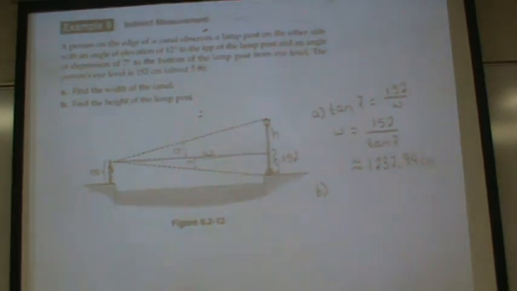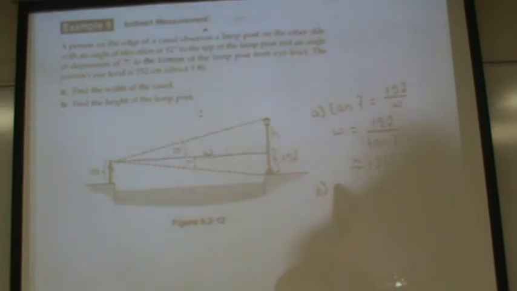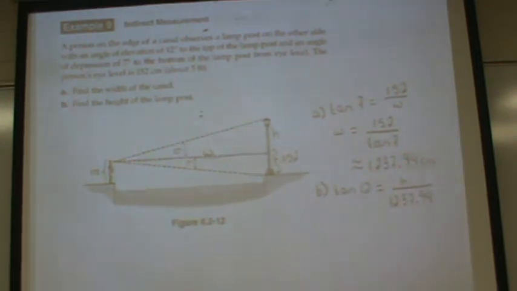Okay, so what are we going to do to find H? Tangent of 12. And what is tangent of 12? H over what we just found, 1037.94. So then we're going to solve for H.